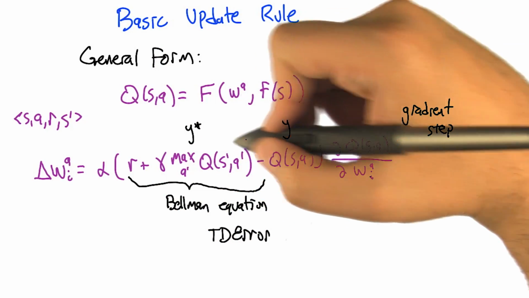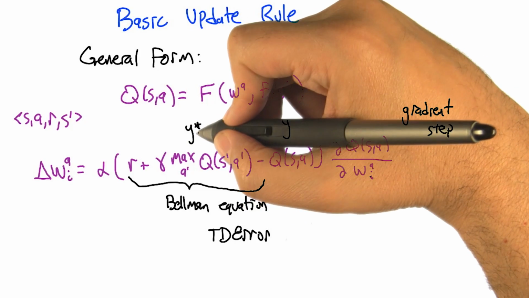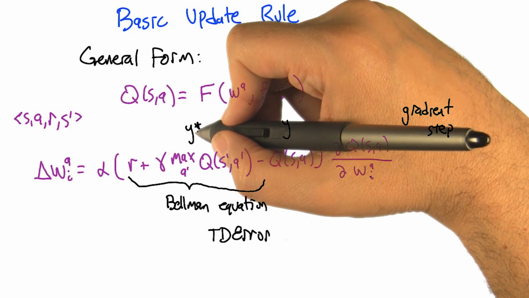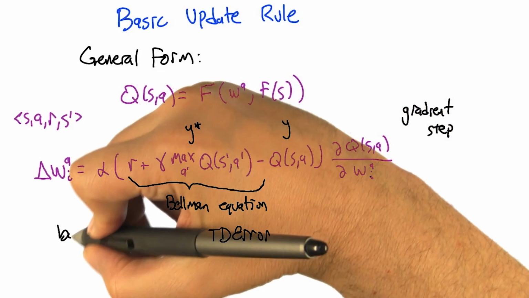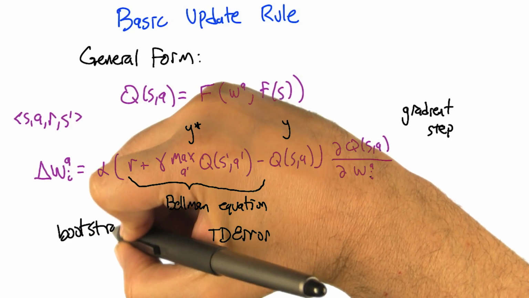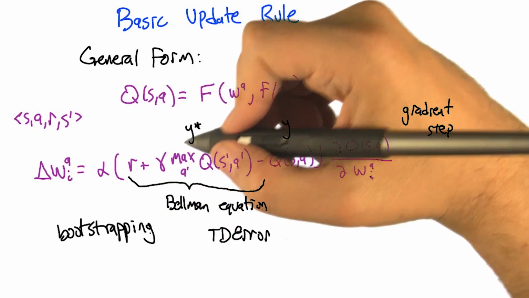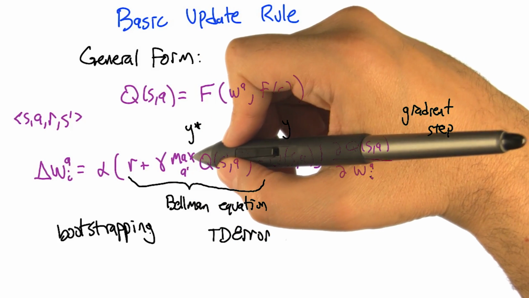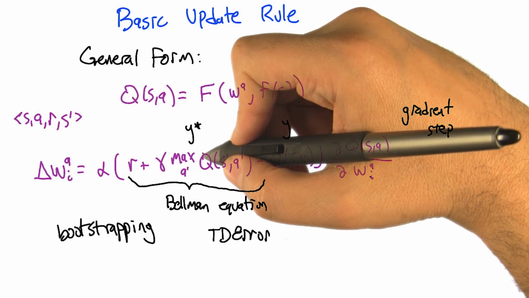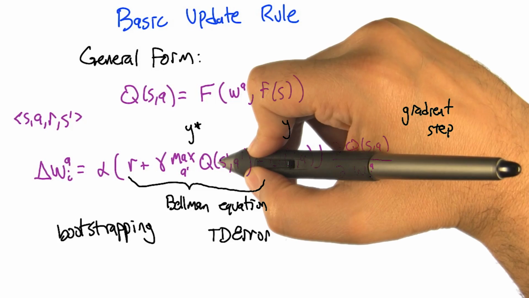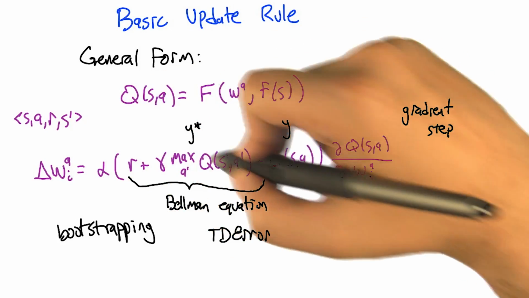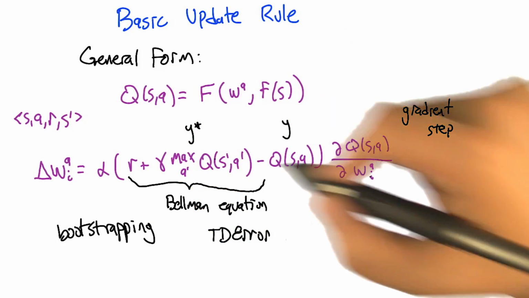But one way that it's different is that y star, when we're doing supervised learning, is actually the right value, right? It's coming from some kind of trusted source, and it is the label. Here, we're bootstrapping. And what we're doing with bootstrapping is we're using our current predictions as a kind of way of making a target for what our other predictions should be moving toward.